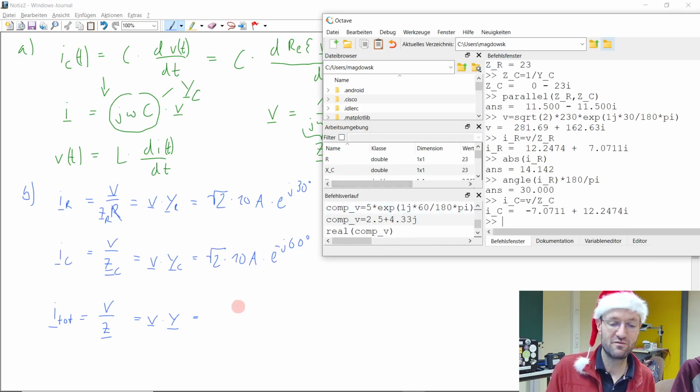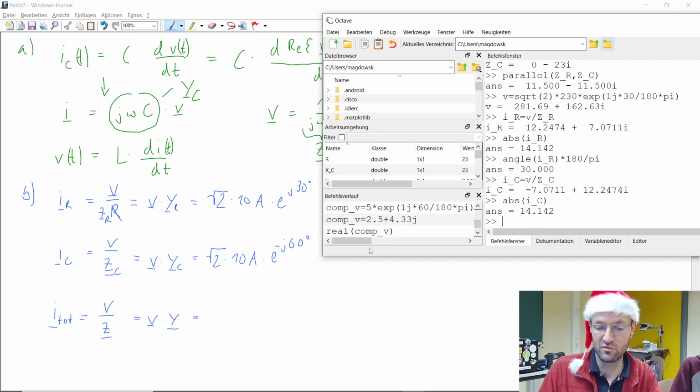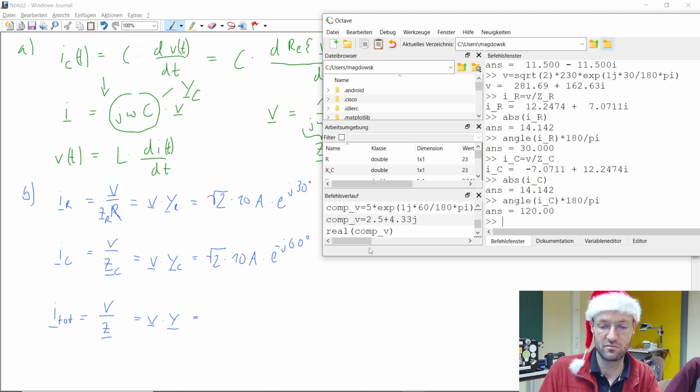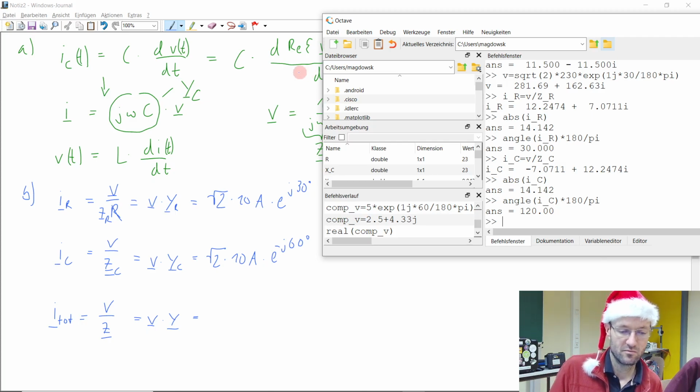Yeah, because we divide by J, division by J is like a shift of minus 90 degrees. And so if I do the same stuff here, calculate the absolute value of this, we get the same value. If I calculate the angle of this, we should get the minus... oh no, why is this?